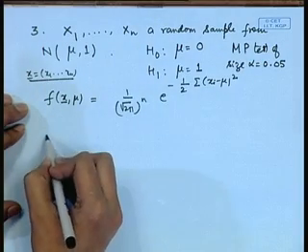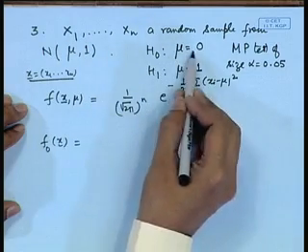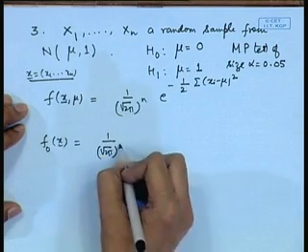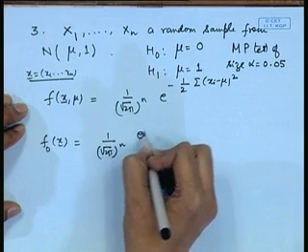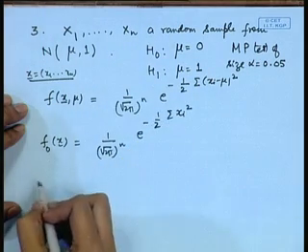So, our f0 value, that is when mu is equal to 0, turns out to be (1 by root 2 pi) to the power n, e to the power minus 1 by 2 sigma xi square.